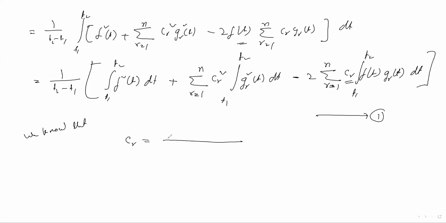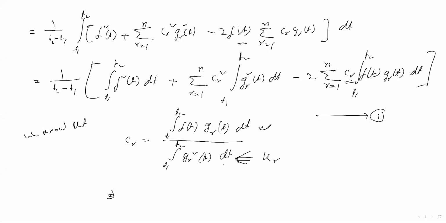Cr equals the integral from T1 to T2 of f(t), the approximation function, times Gr(t), the orthogonal function corresponding to r, dt, divided by the integral from T1 to T2 of Gr squared(t) dt. The denominator is nothing but a constant, Kr.